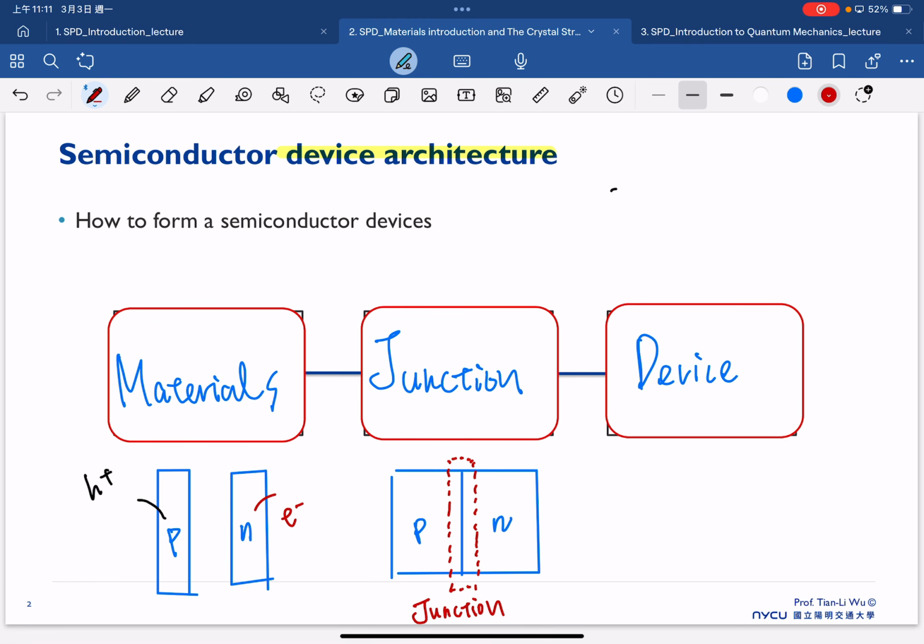Therefore, in lots of cases, to understand the semiconductor operation, we always first look at what happens inside this junction.